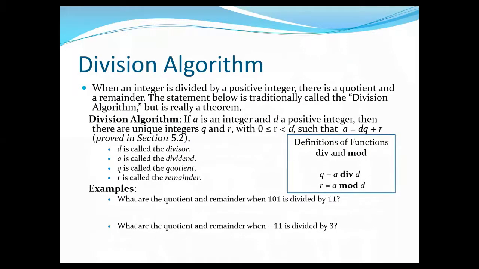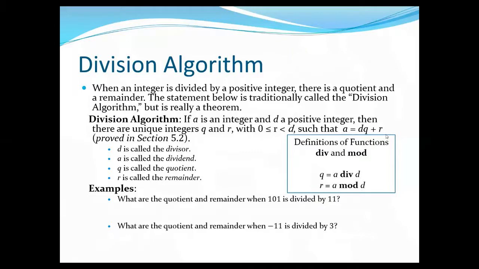The division algorithm gives us an idea of how we do the division. We have a formula. For the division algorithm, if A is an integer and D a positive integer, then there are unique integers Q and R with 0 less than or equal to R less than D, such that A is equal to DQ plus R. So for the division algorithm, this is the working formula.